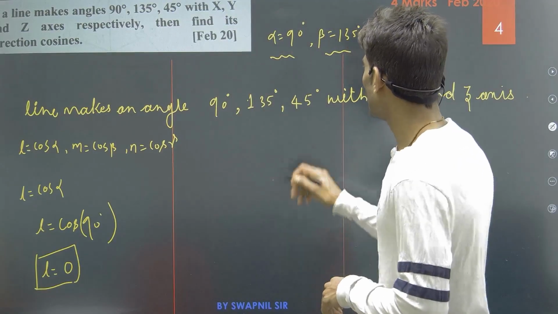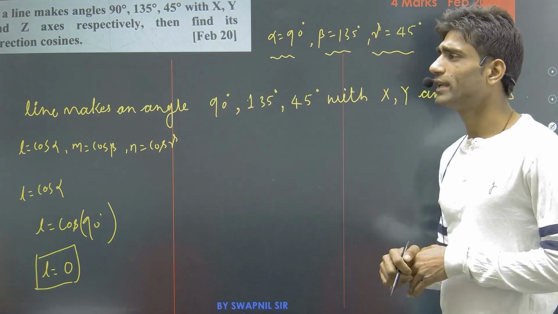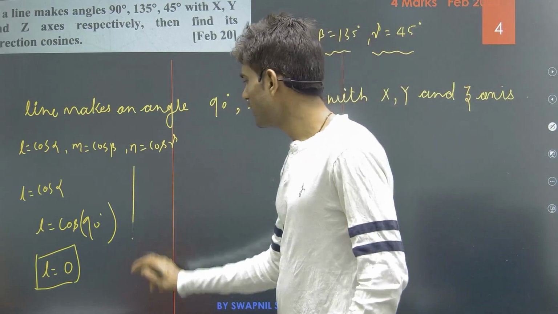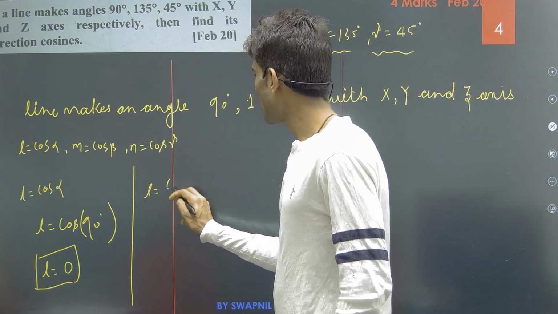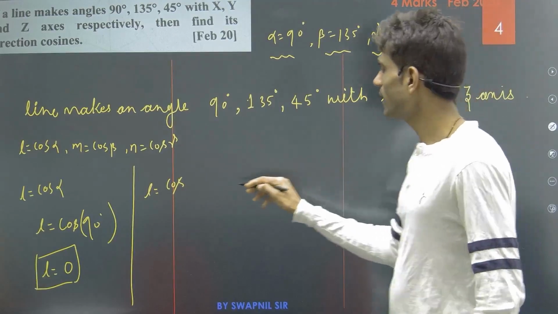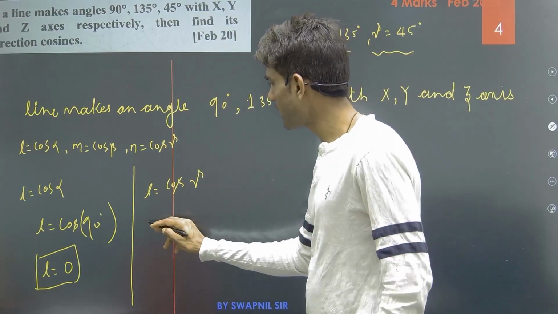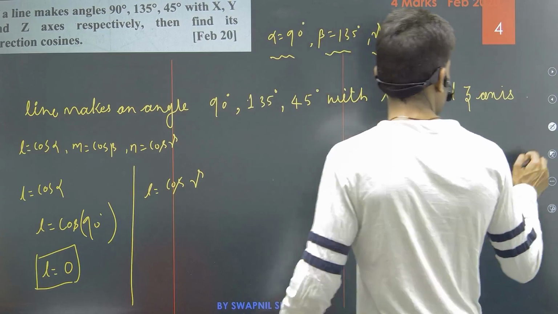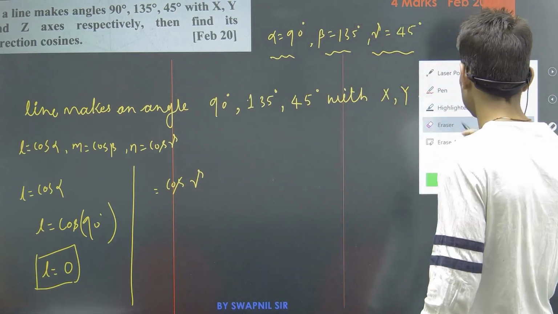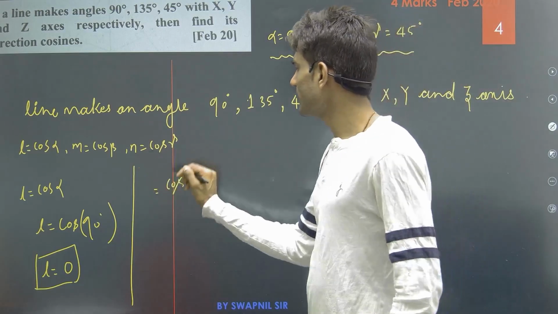Now for 135 degree and 45 degree, we take the next value as 45 degree, which I consider as gamma. So N is equal to cos gamma.